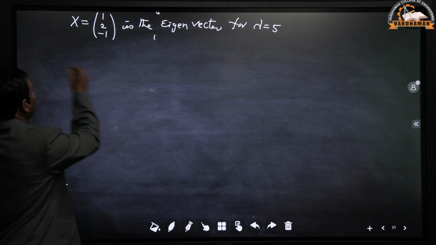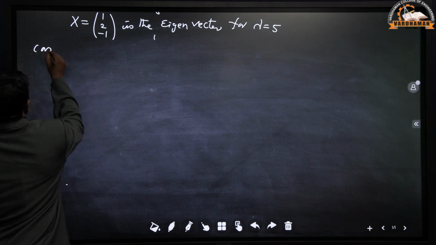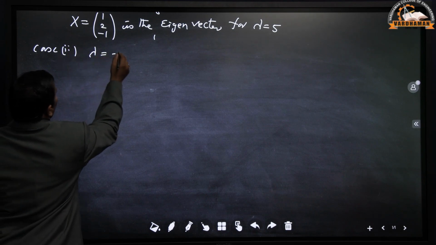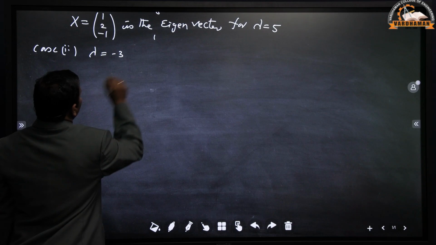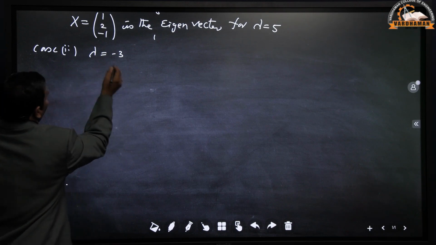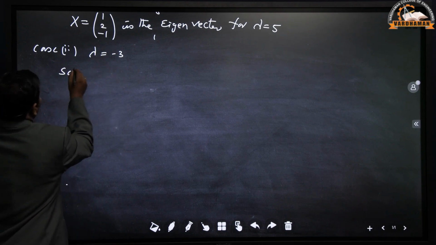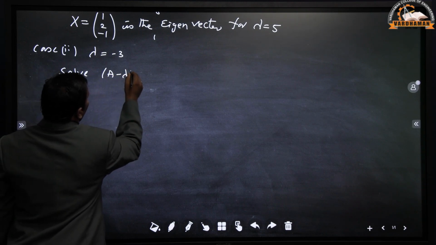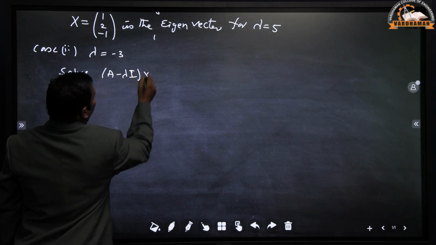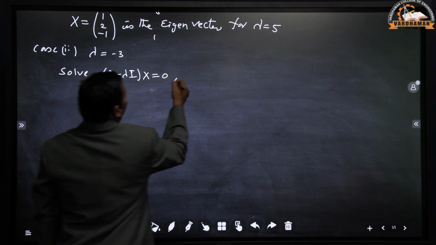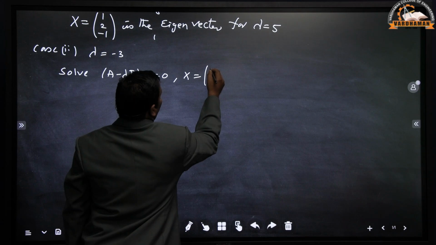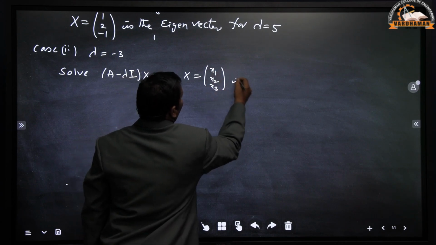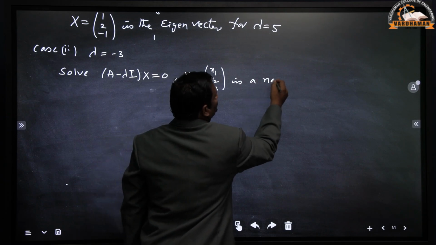So case 2, when lambda is minus 3, here the root is repeated twice. For that we need to solve the homogeneous system, A minus lambda I into x equals to 0. Here x is a non-zero vector.